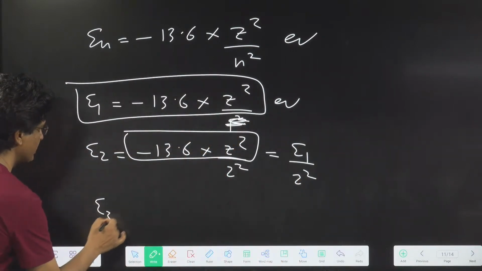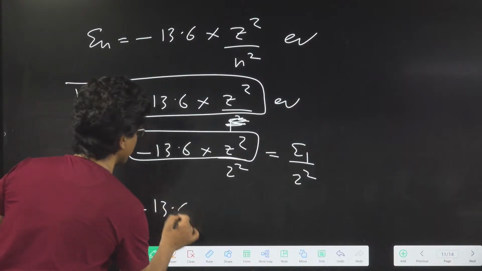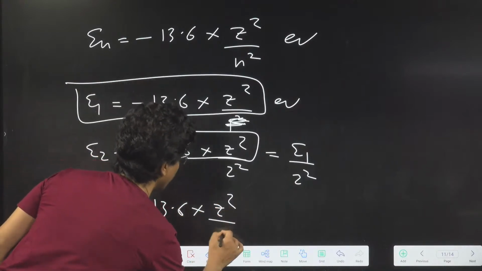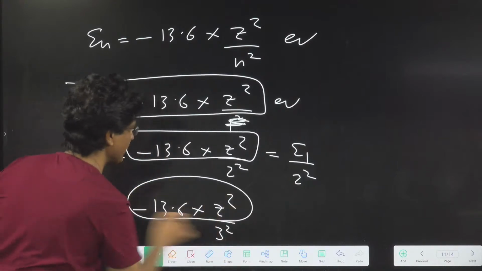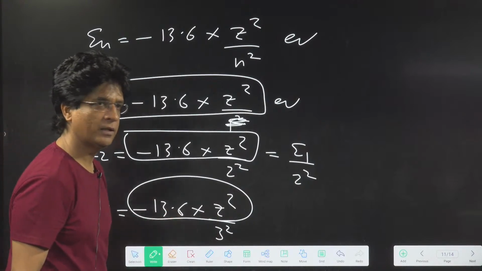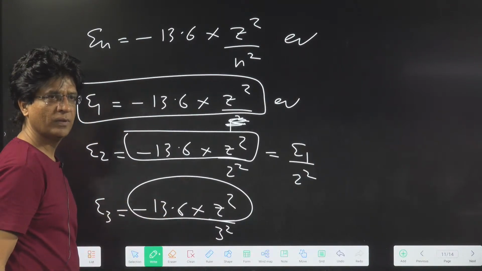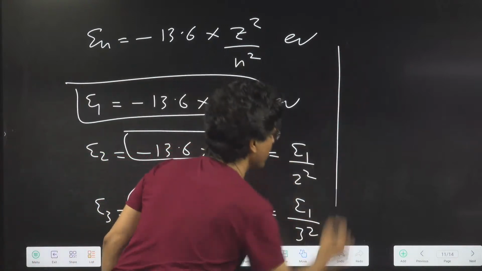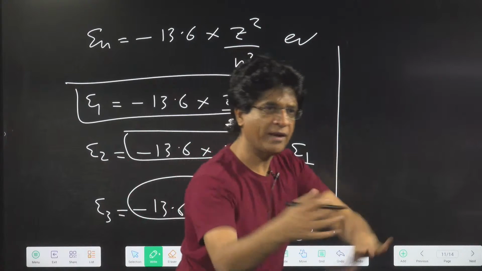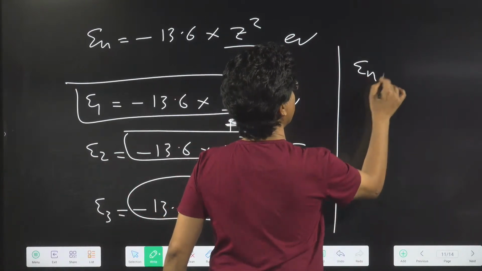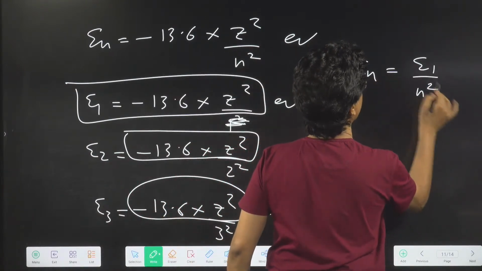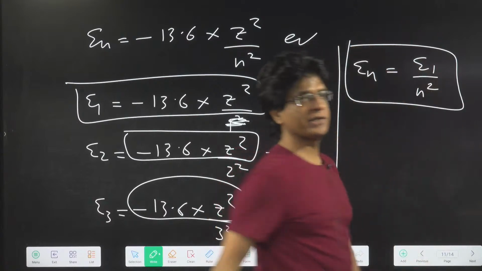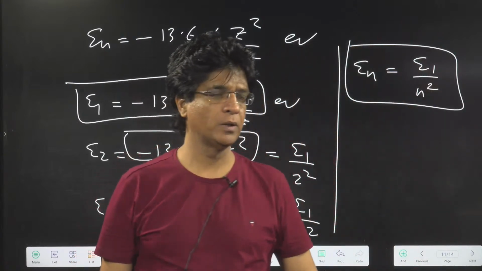Similarly, E3 will be minus 13.6 into Z square upon 3 square, which is E1 upon 3 square. Can I generalize now? En will be E1 upon n square. This is extremely important.